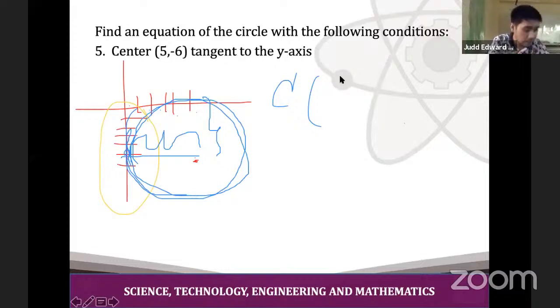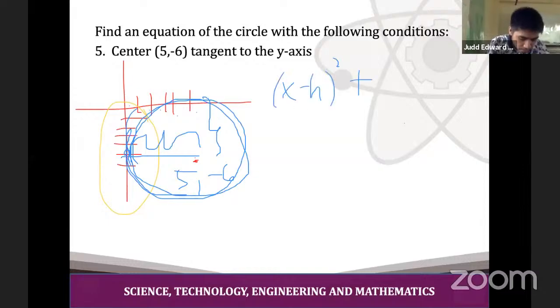Okay, so if the center is located at 5, negative 6, therefore, our equation would be x minus h squared plus y minus k quantity squared is equal to r squared. Therefore, r now is equal to 5, and r squared is equal to 25.